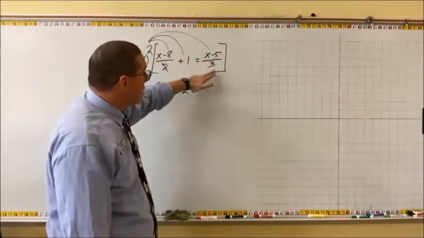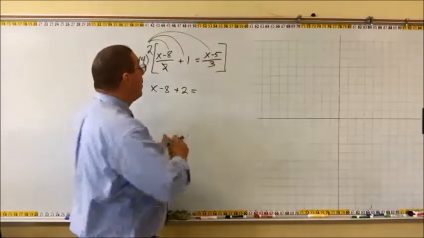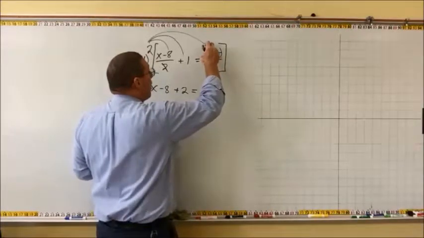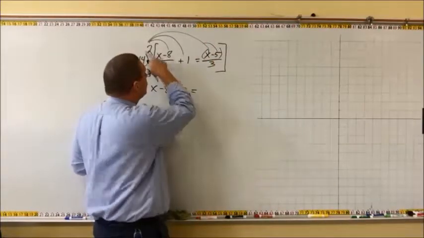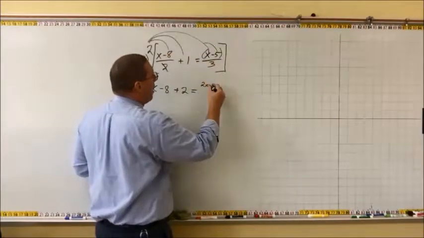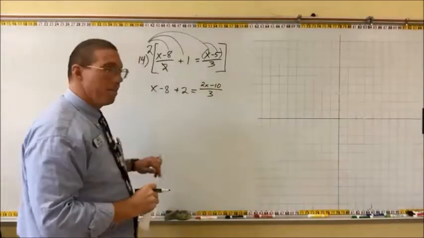Therefore, instead of canceling the denominator, we're going to multiply through x minus 5. And we have to multiply through the whole thing. We got to distribute it to the x and to the minus 5. So 2 times x is 2x. 2 times negative 5 is negative 10, still over 3.